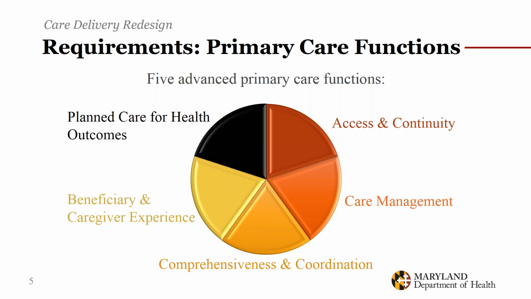But all practices will move by the 4th year into Track 2. So there's a migration from Track 1 to Track 2. The intention is that all practices will move to fully advanced primary care by the end of the program. Practices that are not able to do that will leave the program by the end of their 3rd year and can re-enter if they choose to do so.